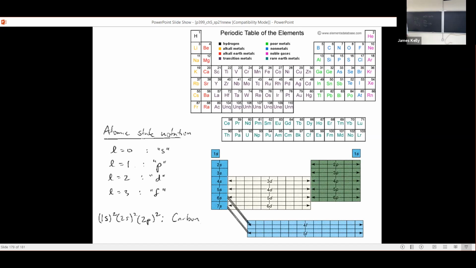No, no. It's just that beyond that, you're starting to get to really esoteric elements that you don't run into in chemistry. Maybe someone can tell me from their chemistry knowledge what letter comes after F. I don't even know, because people always say S, P, D, F. Sorry, was that you, Elvis?